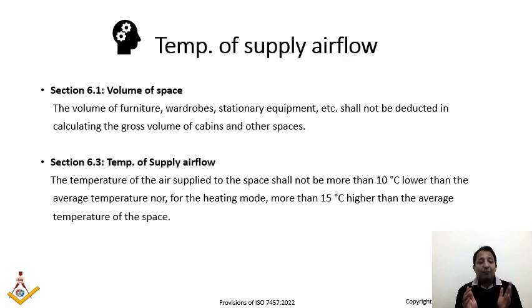This means suppose your room temperature is 24 degrees Celsius, then the supply air temperature should not be lower than 24 minus 10, which is equal to 14 degrees Celsius. So your supply temperature should not be lower than 14 degrees Celsius. And in the heating mode, it should not be more than, for example, 24 plus 15, which is 39 degrees Celsius. So this is what it talks about.